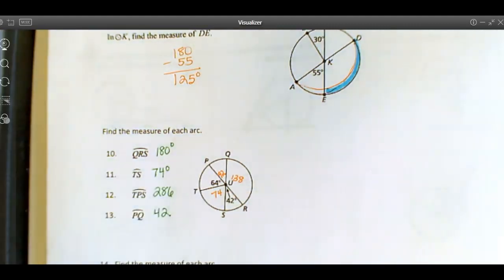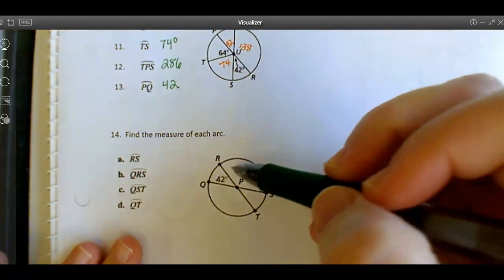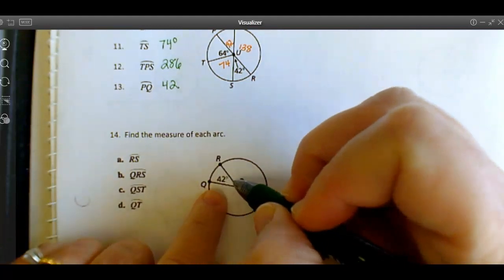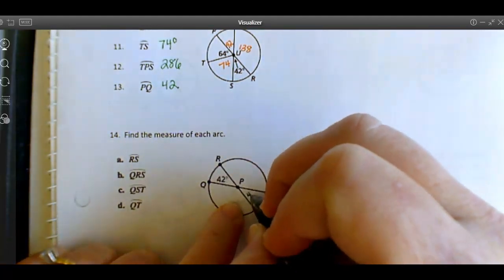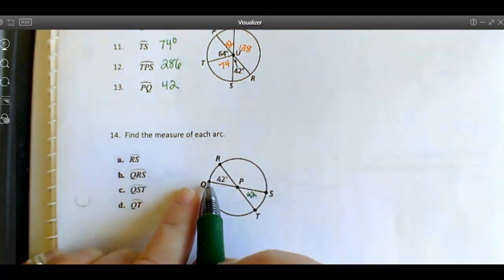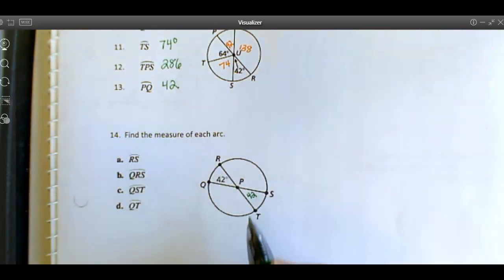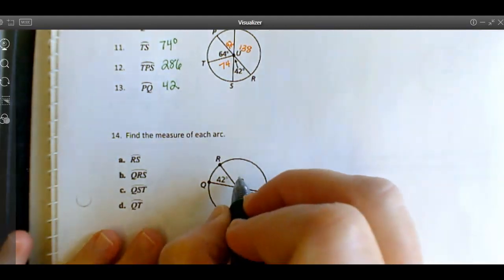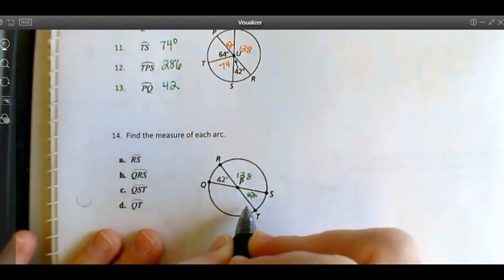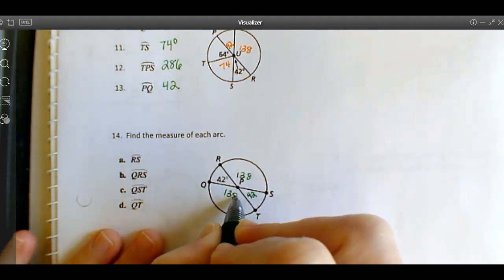What I have found is that it's easiest to find all the angles that you can find first, and then look for the arcs it asks you for. So if this is 42, I know the one across from it is also 42. This looks like a diameter, so I know that's 180 up there, and I can do 180 minus 42 to figure out that angle beside it. Same thing is true down here, so this is also 138.